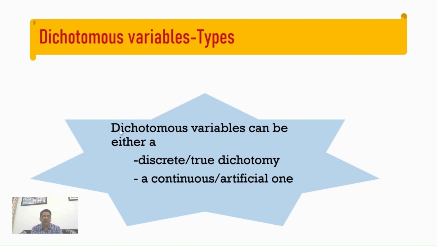But in some cases, the dichotomy will be continuous or artificially created. Based on some criteria, we divide the measure of the variable into two parts, and in this case, the variable will be of continuous type, but artificially we can divide it into two parts. So these are the two types of dichotomous variables.